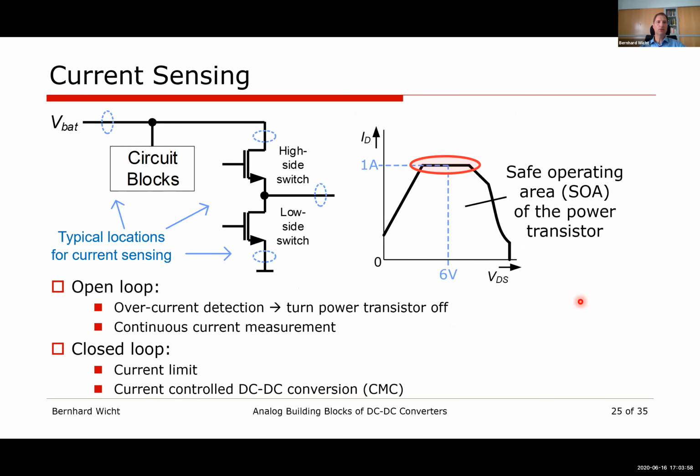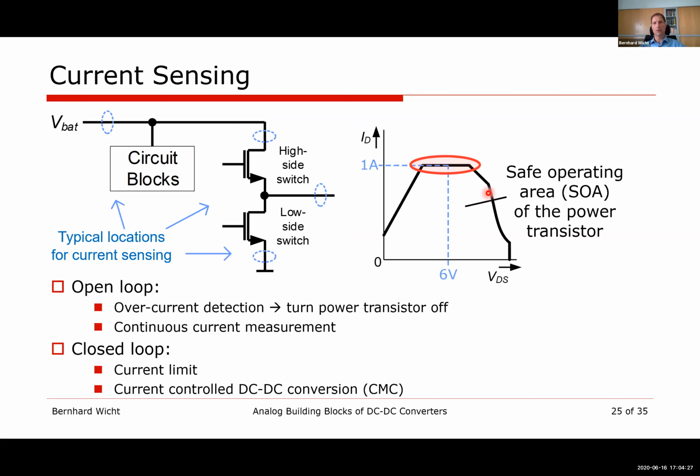So that brings me to probably one of the last interesting topics. But anyway, current sensing is used at various locations in DC-DC converters, power management. It can be open loop, for instance, to protect the main power stage, to keep the transistor within its safe operating area.